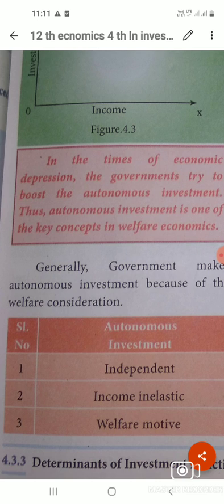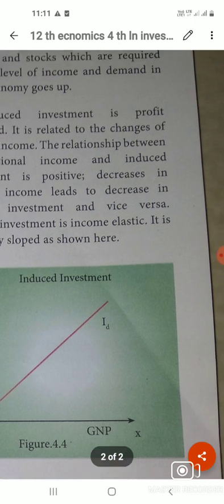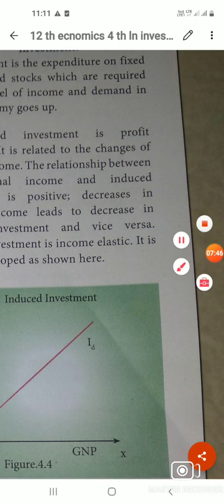National income or any other income does not affect it. Whatever they have, they give for the people's welfare only, not for the profit motive. So this is autonomous investment. Autonomous investment is completed. The next one is induced investment. We will see it next class. Okay.